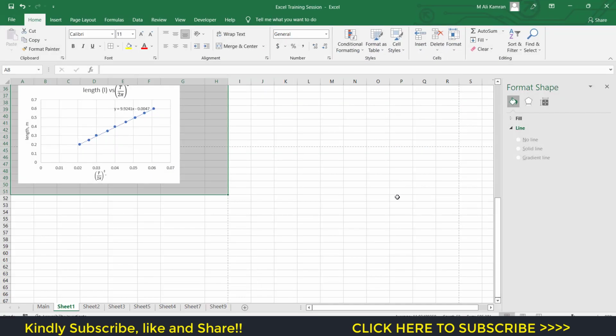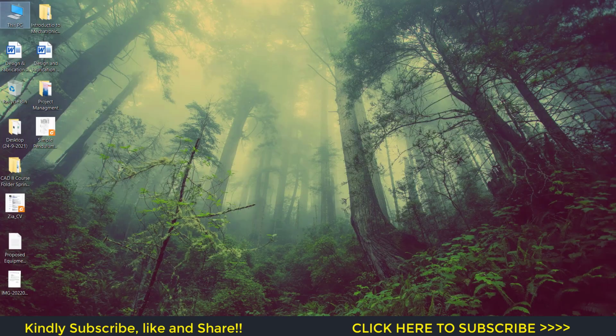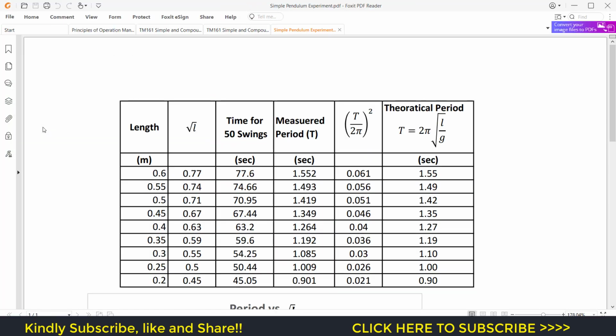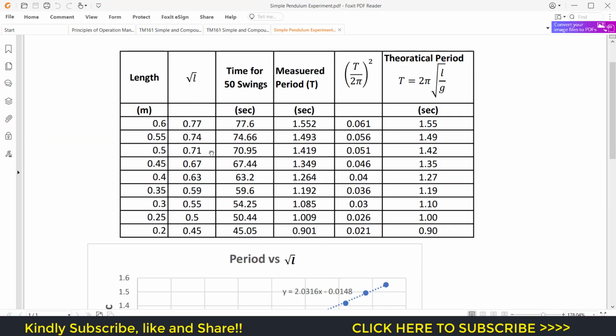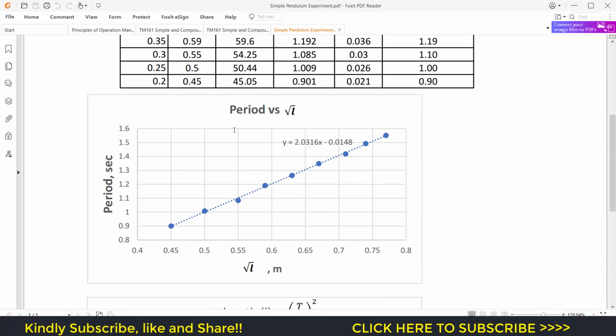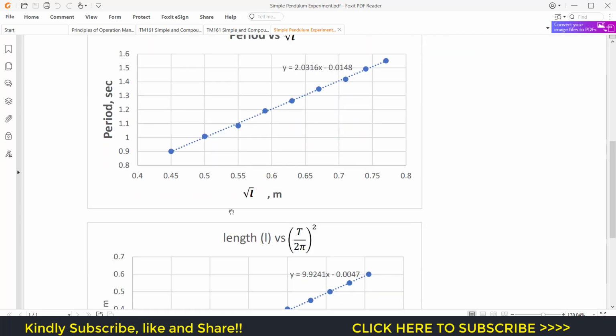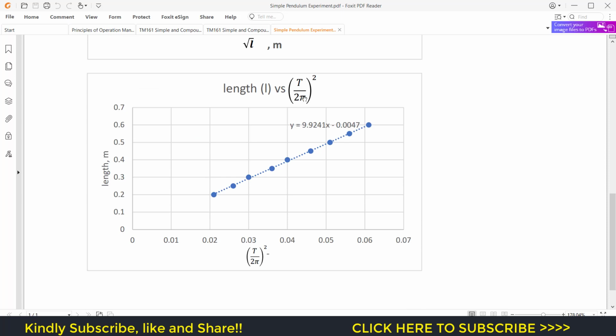And so this is our table having that data, and this is the period versus the square root L, and this is the length versus t divided by 2 pi square, and this is the trend line equation, and the g value is 9.9241.